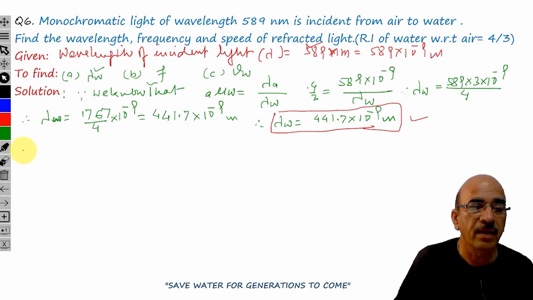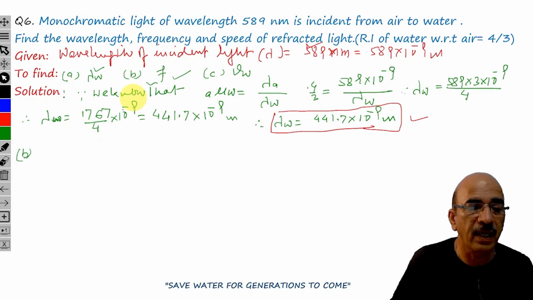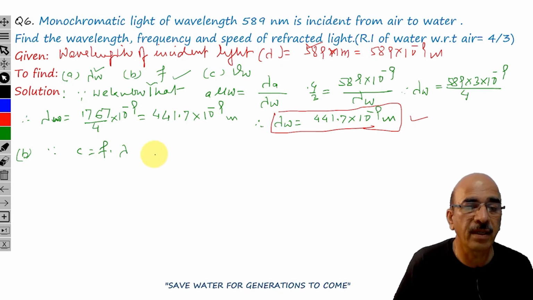Now in the second part we need to find frequency. So what is the formula for frequency? You know, velocity of light is equal to frequency into wavelength. This is our formula. So we will use the formula C is equal to F into lambda. What is the value of C? 3 into 10 raised to 8, velocity of light in vacuum.